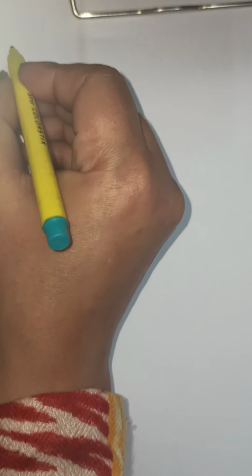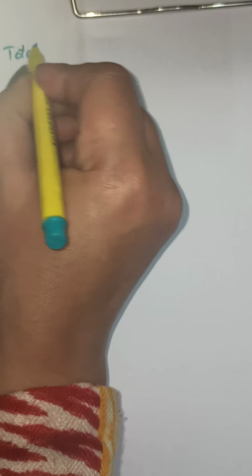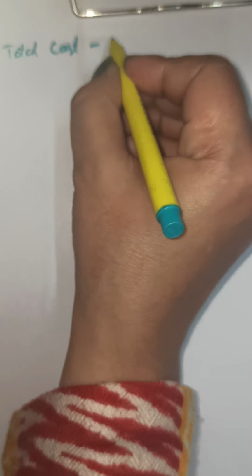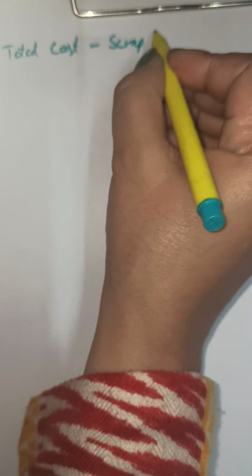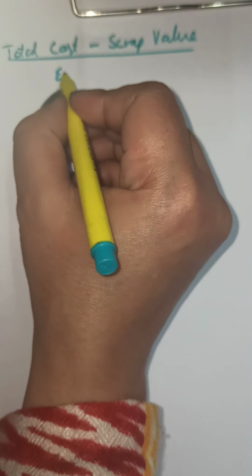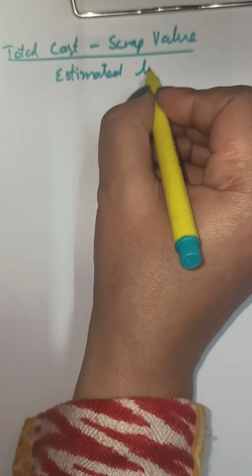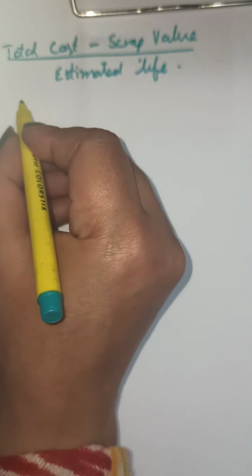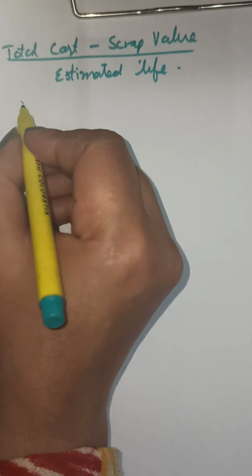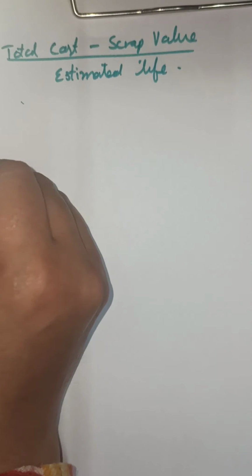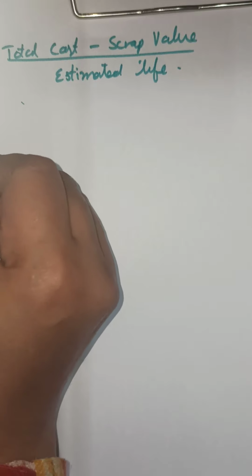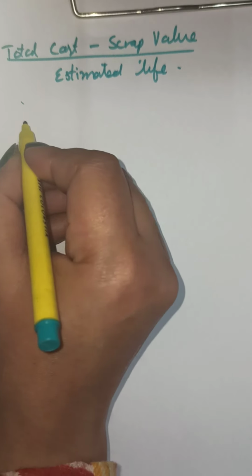Remember, I told you the depreciation is the total cost of the asset minus the estimated scrap value upon the estimated life of the asset. This is asset number 1, purchased on 1st April 2015.